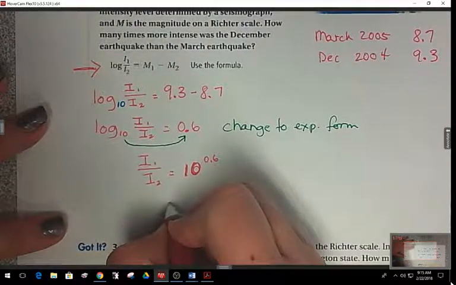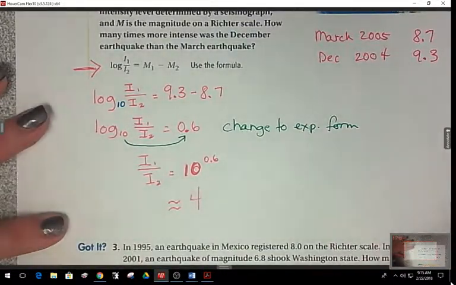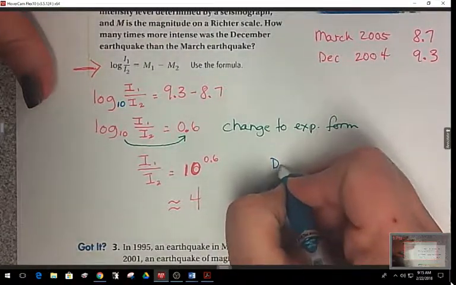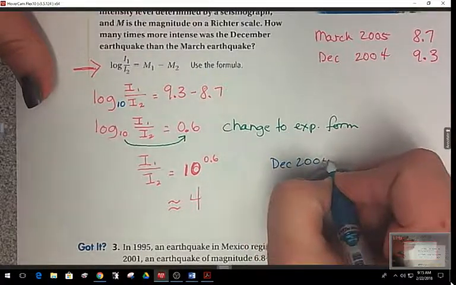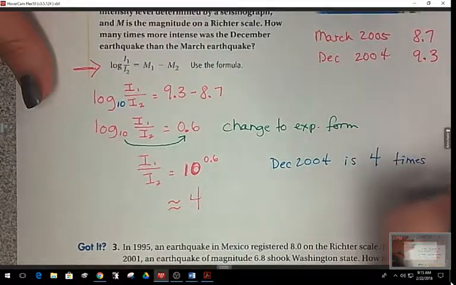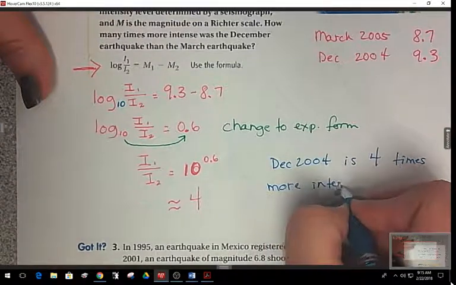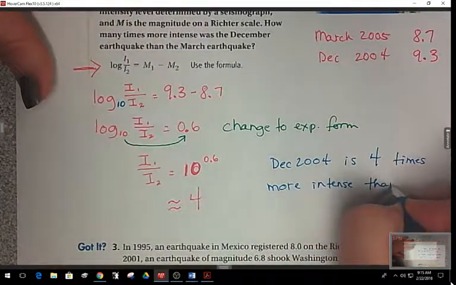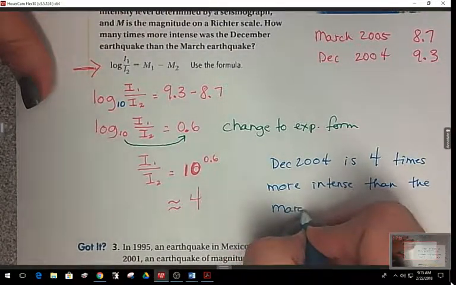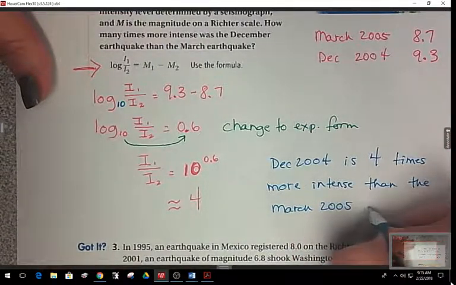So 10 to the 0.6 power is approximately 4. So what that tells me is that the earthquake in December 2004 is 4 times more intense than the March 2005 earthquake.